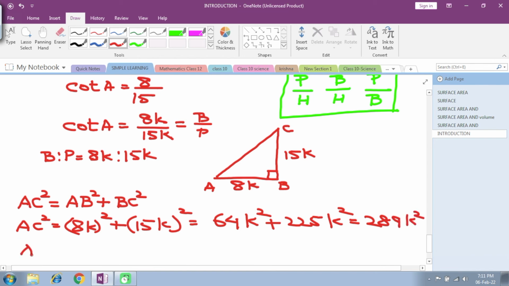So therefore, finding the square root, AC becomes equal to 17k. So I can write 17k out here.